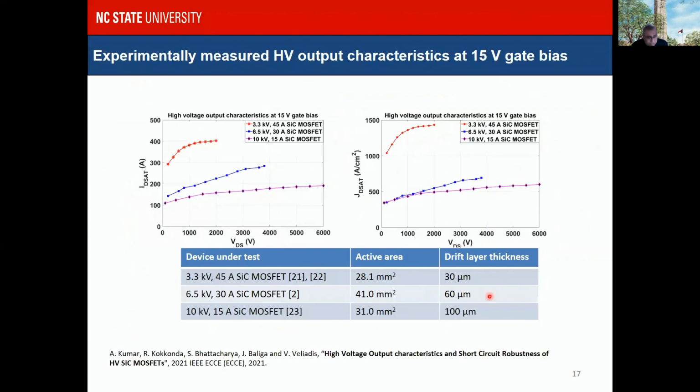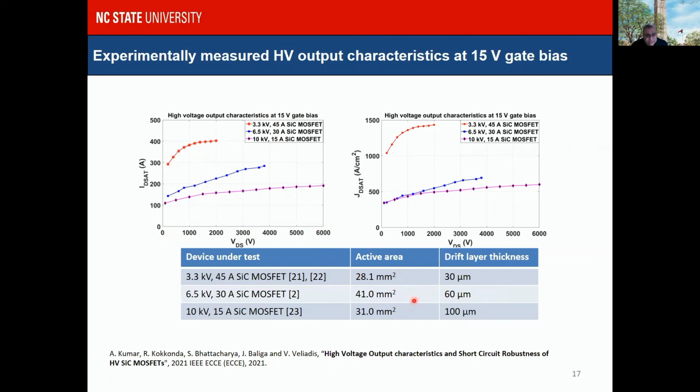The reason why we are doing this is because we are interested in figuring out the short circuit IV of this device, and for different devices, we have done the same thing. So for 3.3 kV, 6.5 kV, and 10 kV single dies, which are at different current ratings, now you can see the short circuit IV and the saturation current as a function of the VDS.